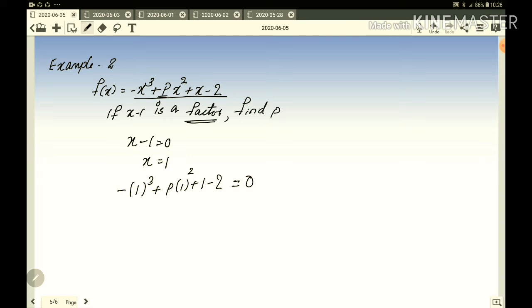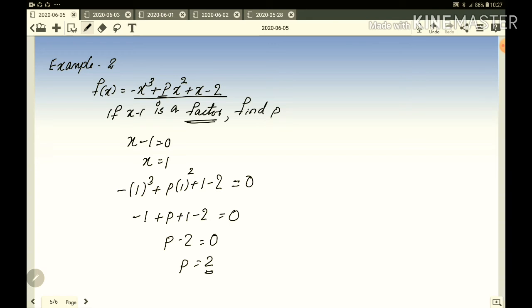Because it's a factor. So I can use this equation: minus 1 cube is 1, plus p times 1 square is 1, that is p itself, plus 1 minus 2 is equal to 0. See, I got an equation. Now I can solve and find the value of p. So it's going to be p minus 2 is equal to 0, that is p is equal to 2. See, I got the value of p.